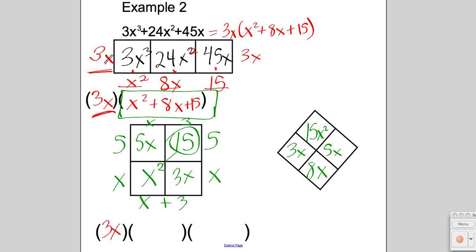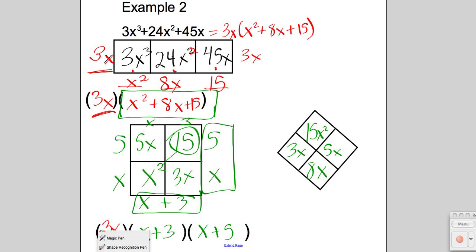Now I copy this expression, x plus 3. That's one of my parentheses. The other parentheses is the height of the rectangle, x plus 5. So my final expression and my final solution is what you see here.